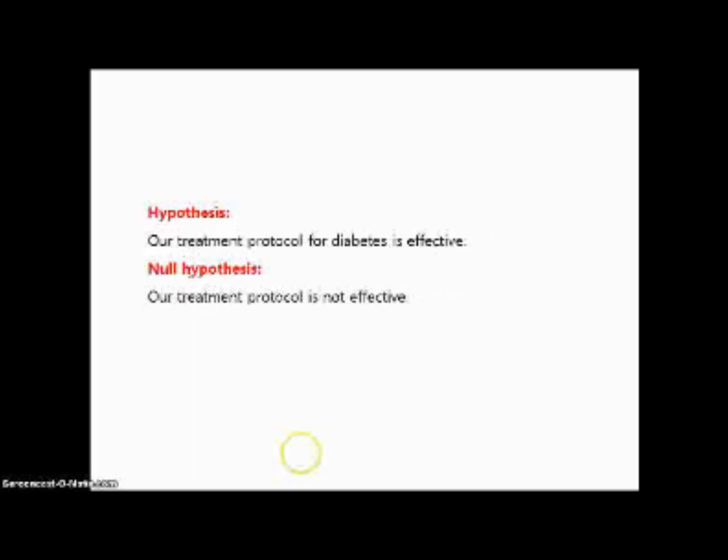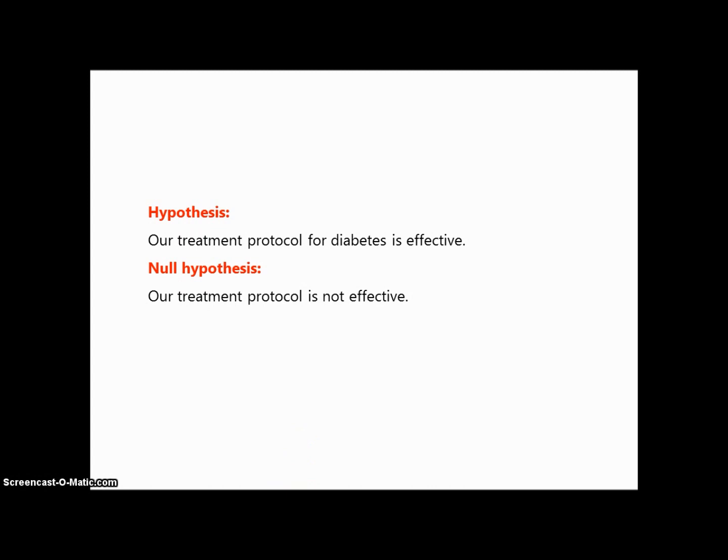The data that we collect can only disprove our null hypothesis. This in turn supports our hypothesis, but it doesn't prove our hypothesis, because in the universe, we statisticians like to say that any result is possible, and we could have gotten a result that may appear to support our hypothesis strictly by chance.